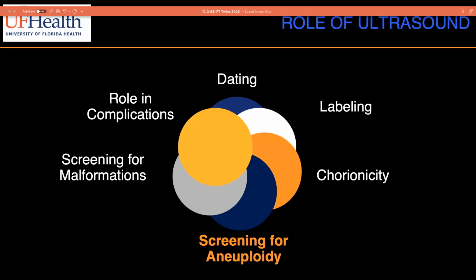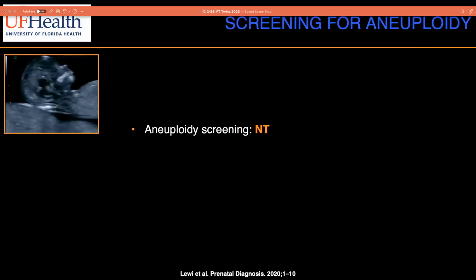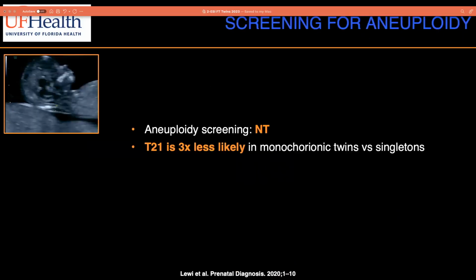So what about screening for aneuploidy? Screening for aneuploidy is as we do with singletons, and we did talk about this, but an important thing is you use the NT, and for some reason, trisomy 21 is 3 times less likely in monochorionic twins versus singletons.